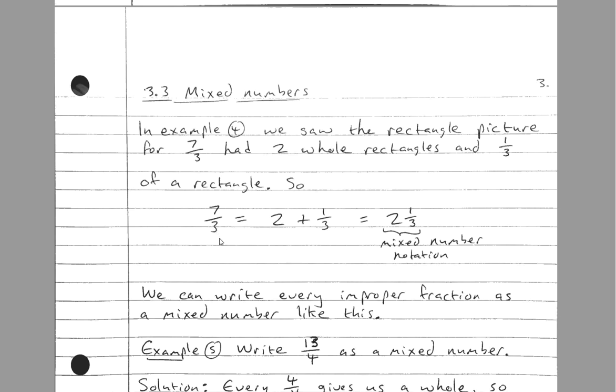It's often more useful to write an improper fraction as a mixed number, easier to see what's happening. If you were going to graph this 7/3 on the number line, this is more useful. You see, you're just 1/3 of the way past 2.